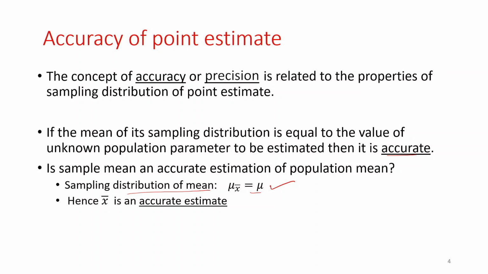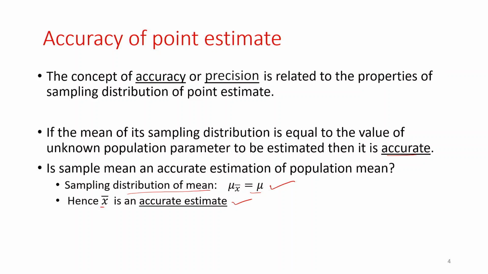Mu x bar, that is, if I take a large number of sample means, then we will find a distribution of sample means, and this distribution of sample means will have a mean which is equal to the population mean. Hence we say x bar is a good or accurate estimate of population mean.